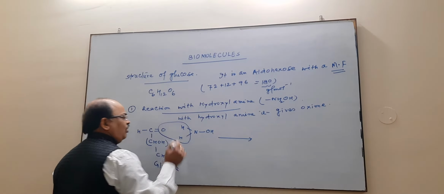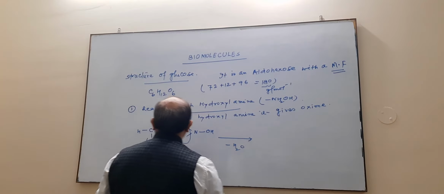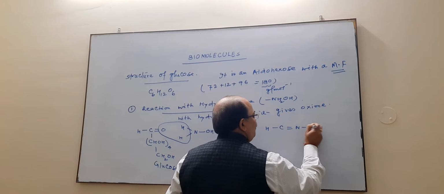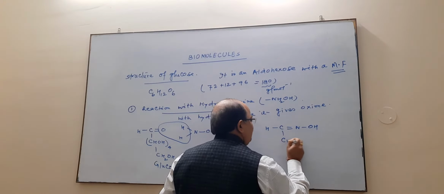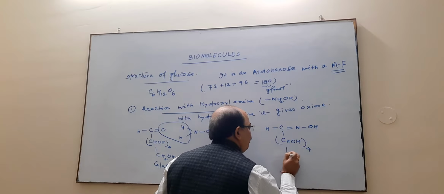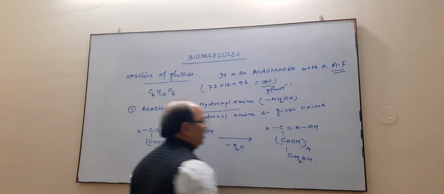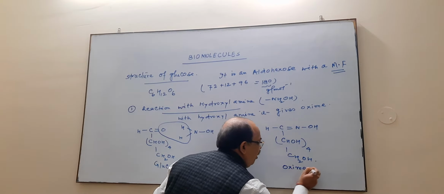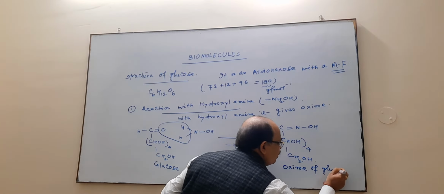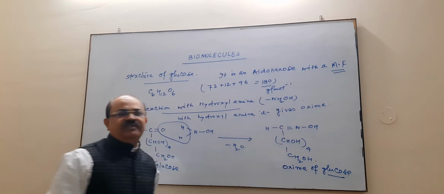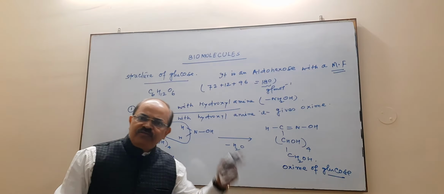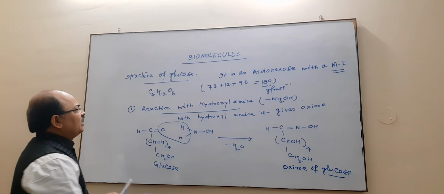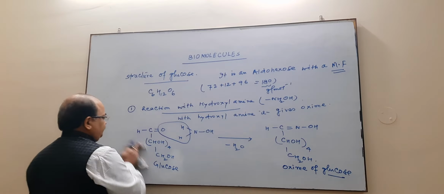This will remove your water molecule and then it will form CH double bond NOH, CHOH whole 4, CH2OH. So this compound is your oxime of glucose. तो ये हाइड्रोक्सिलामीन के साथ क्या बना दिया? Oxime of glucose.